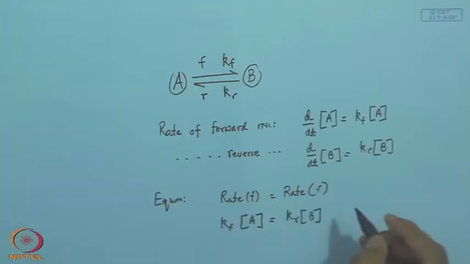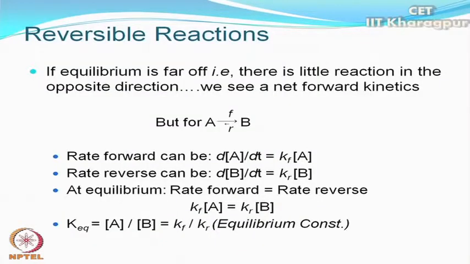So, for the equilibrium constant, there is a little typo in this slide. Actually K equilibrium will be concentration of B divided by concentration of A. This one should be here and B should be here. So, just correct it.